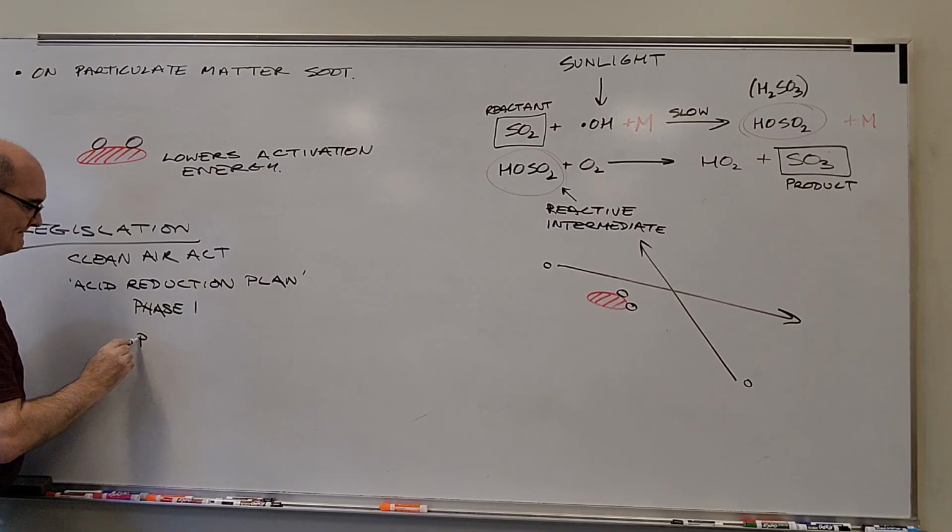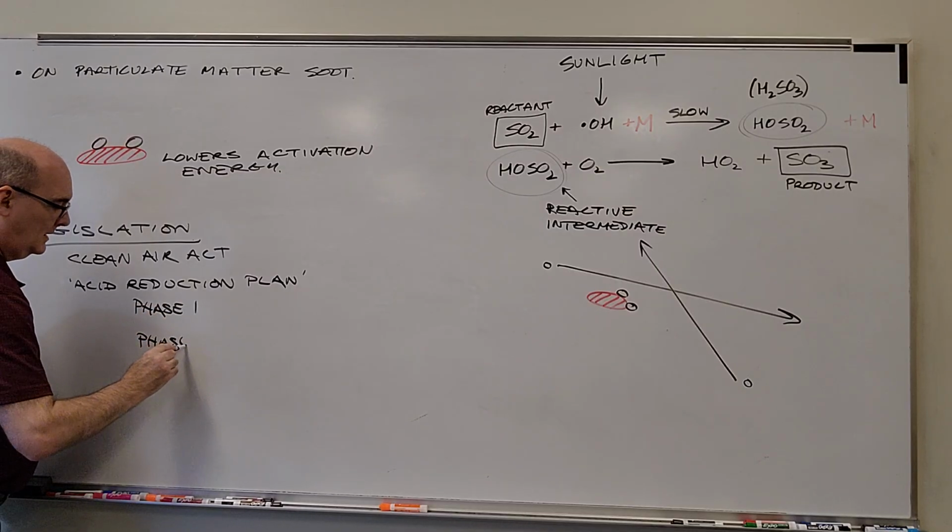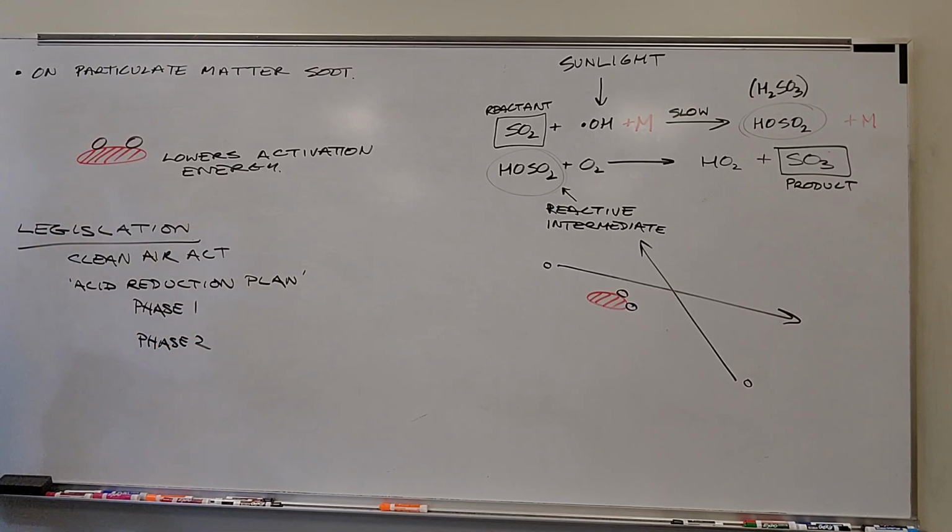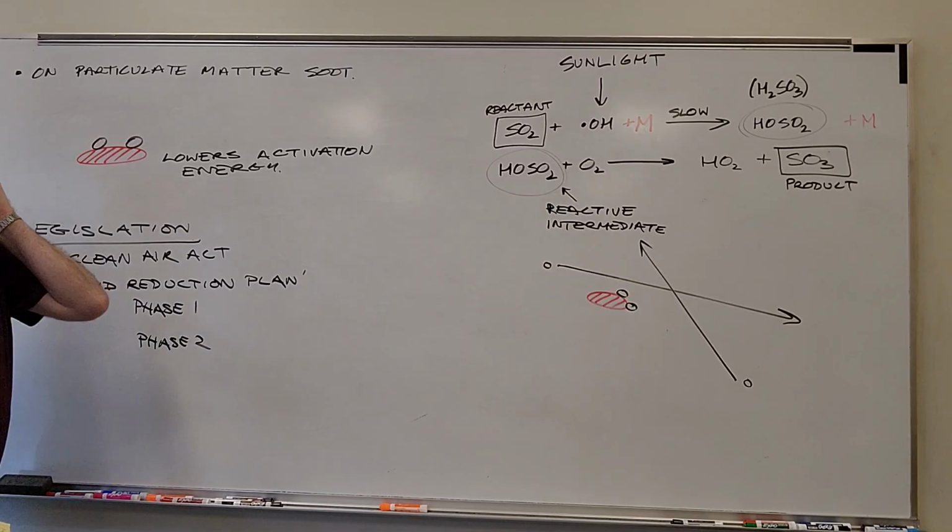Phase 1 and Phase 2. Now, to write a bill and have that bill become law takes time and influence. And some of these things get argued over, so that one side says, no, it's not an issue.